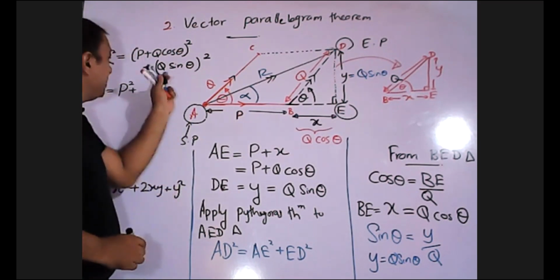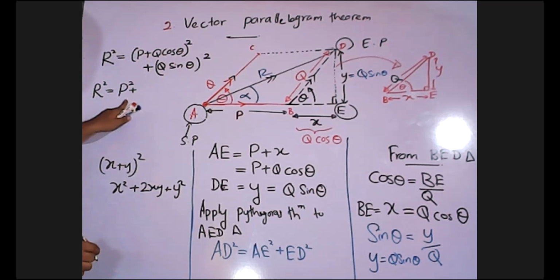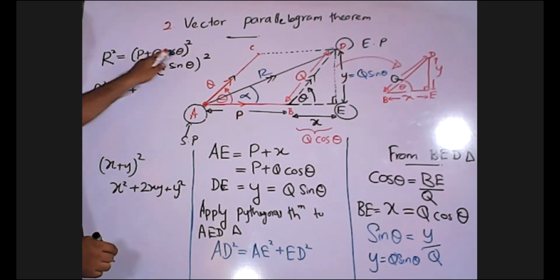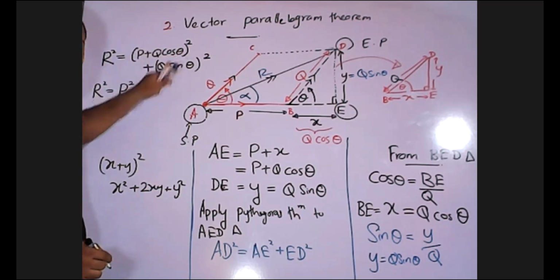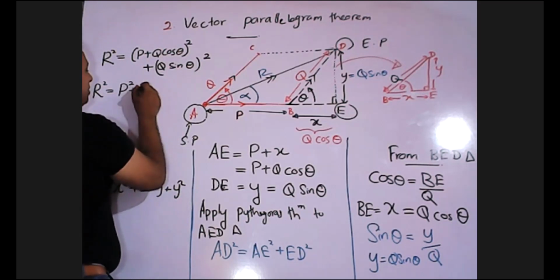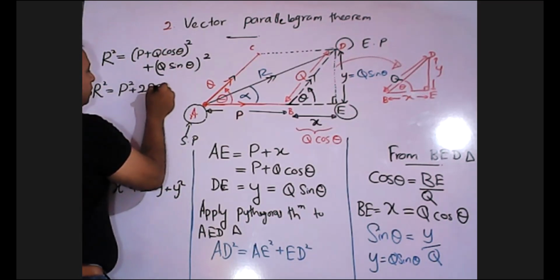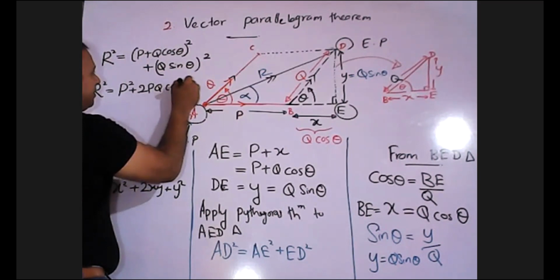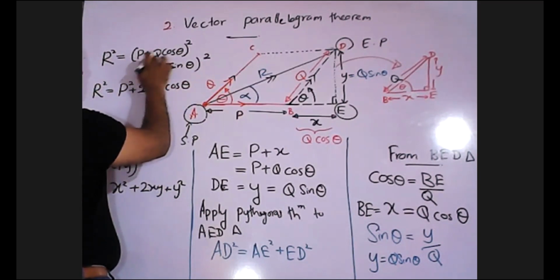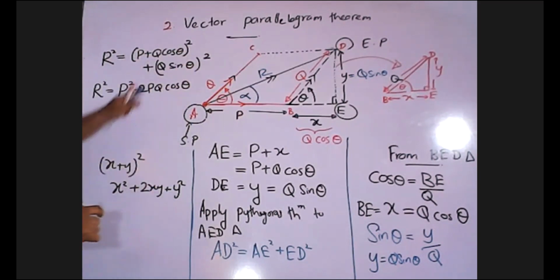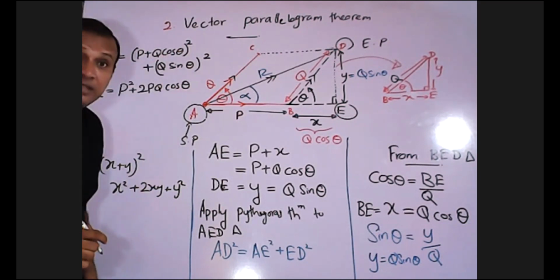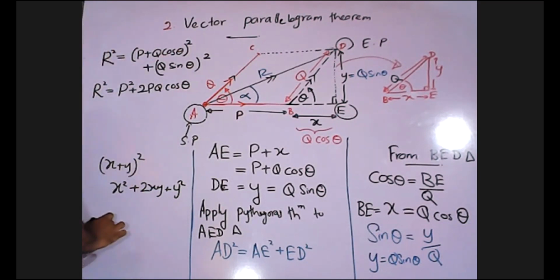Same thing applies here: P squared, then 2 times the multiplication of these two, that means 2PQ cos theta, then the square of the second one, which means Q cos theta, entire square.